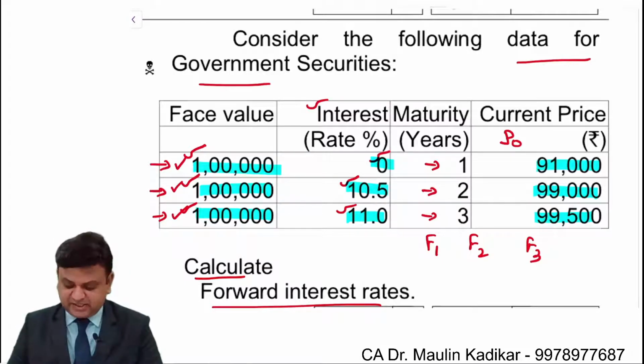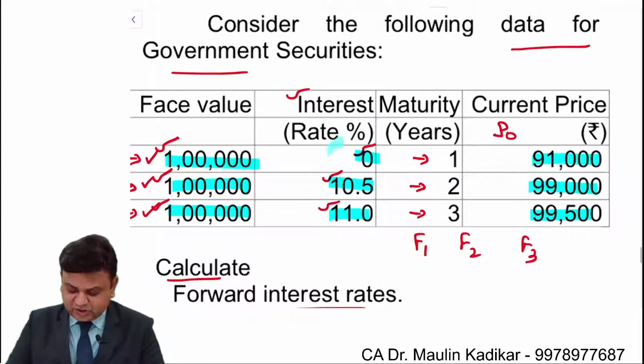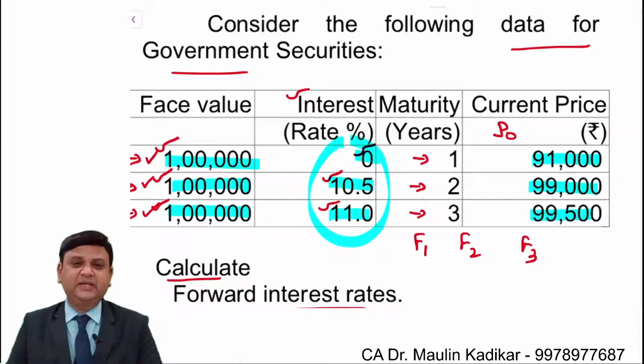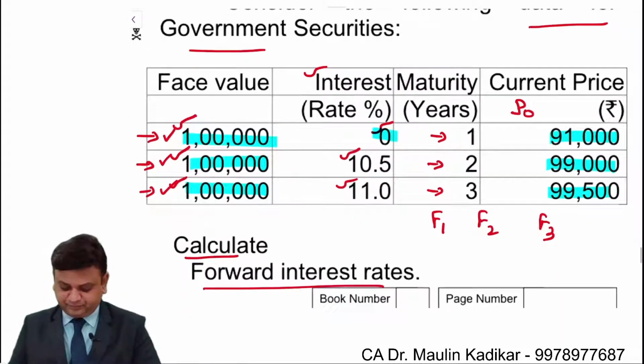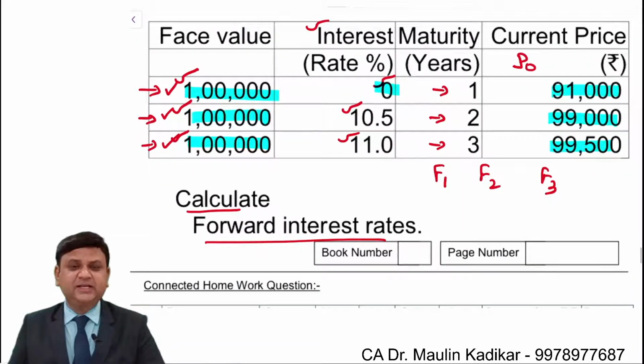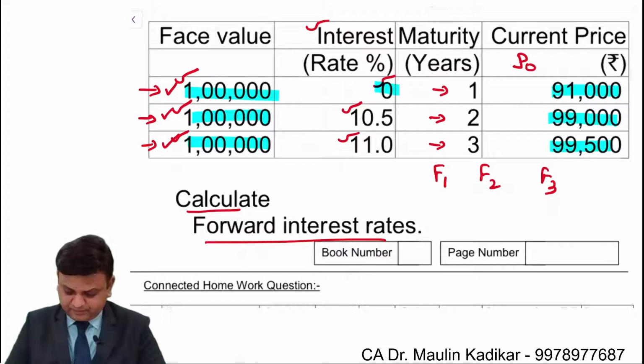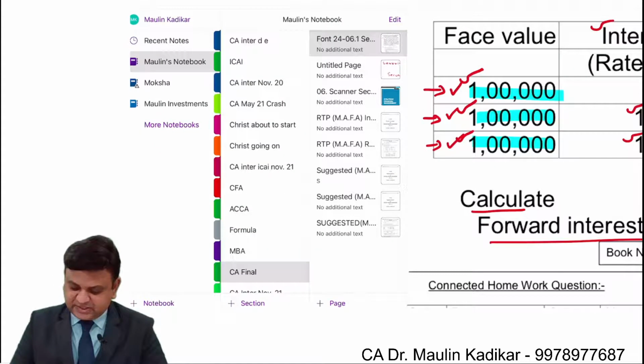That is the reason we cannot take this as the spot rate and calculate the answer. Instead, we are required to follow a process like this. Understand how to calculate F1. Please write the answer.